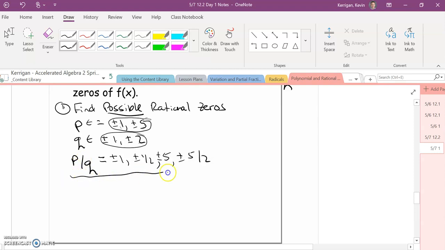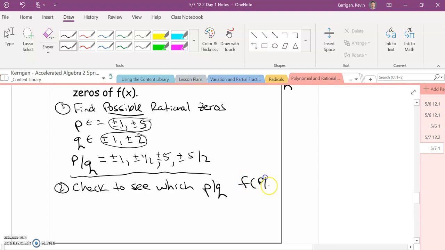These are my possibles. Step 2, I need to check which p over q's, when I take f of p over q, are going to equal 0. Okay?